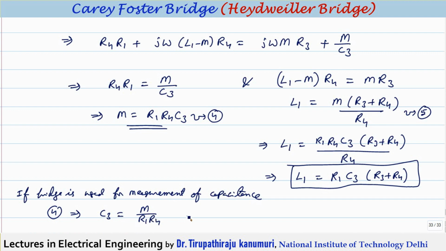And from equation number 5, we can calculate the value of R3 will be equal to R4 into, if you simplify this, L1 minus M divided by M.